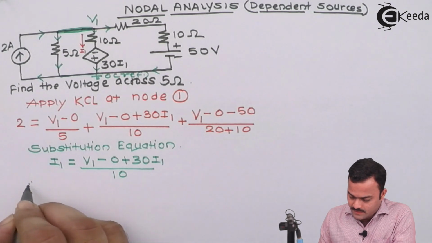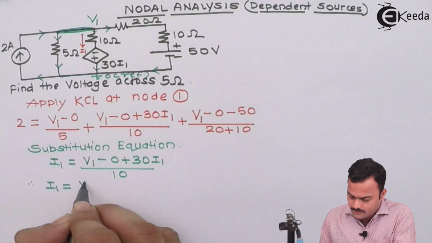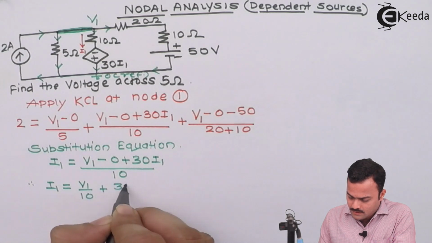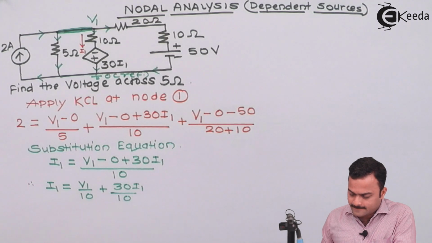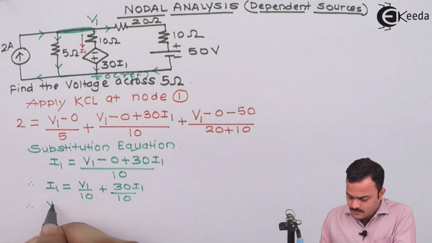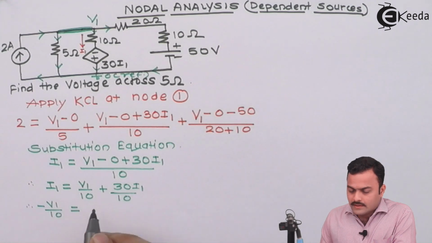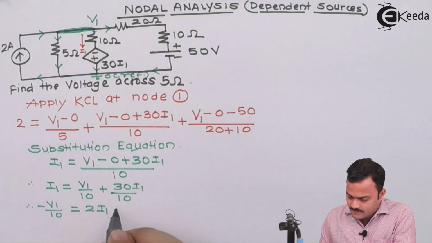Upon simplifying, we get I1 equal to V1 by 10 plus 30 I1 divided by 10. This will give us, rather, minus V1 by 10 equal to 2 times I1.